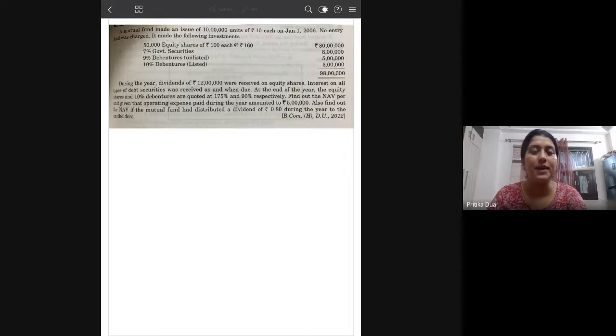So you have to find out the NAV when the operating expenses paid during the year are rupees 5 lakh, and then if dividend is distributed. So there are two parts of the question. You need to calculate NAV twice. Let's start with the solution.